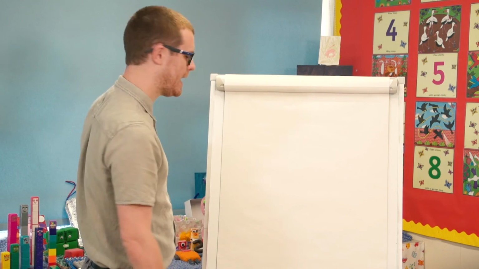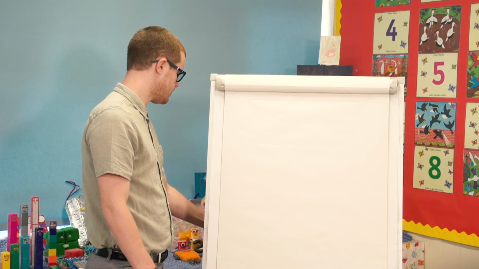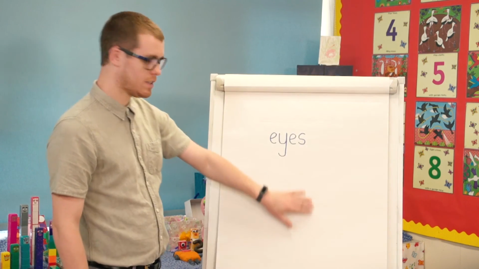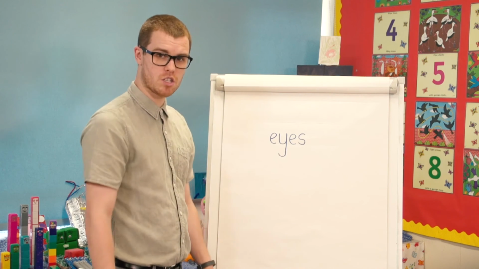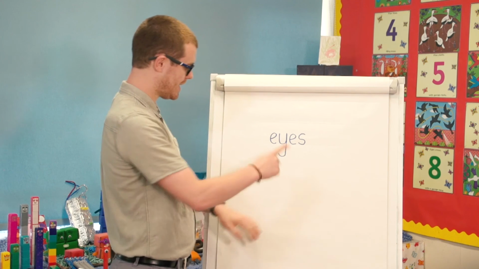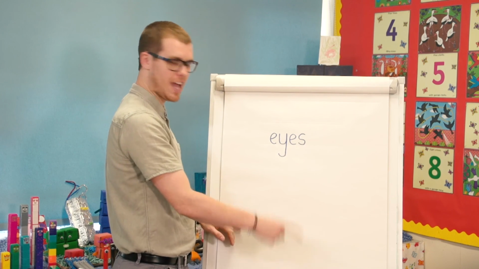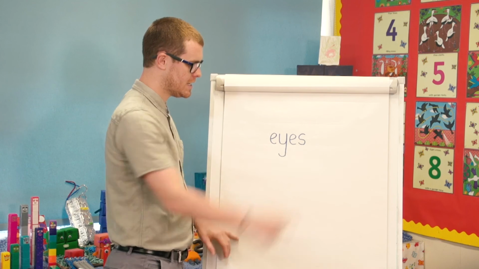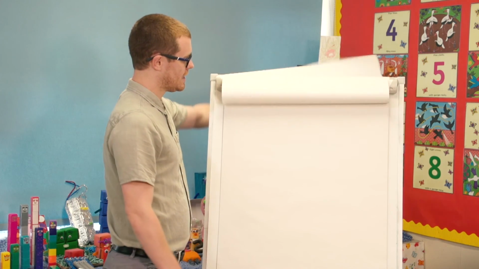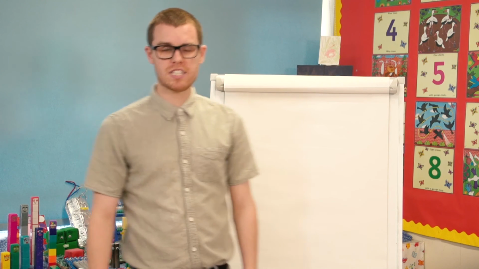Let's check our spelling. Did you spell this tricky word correctly? Well done! Eyes. I-z. 2 sounds. Now, let's practice spelling another tricky word that you have met before.